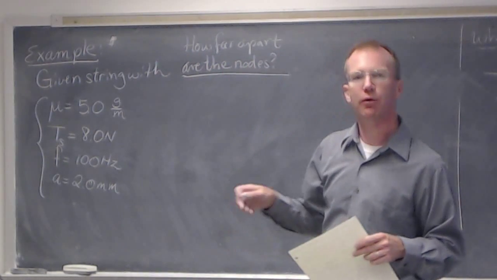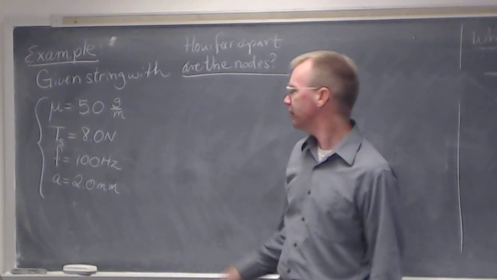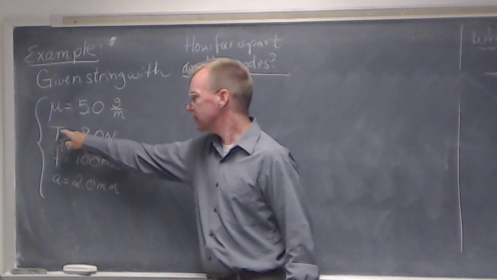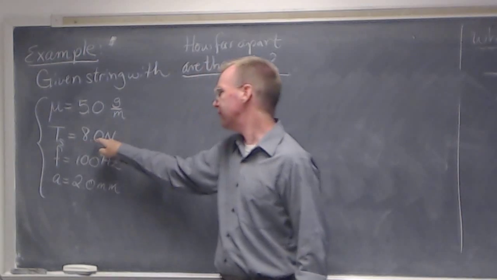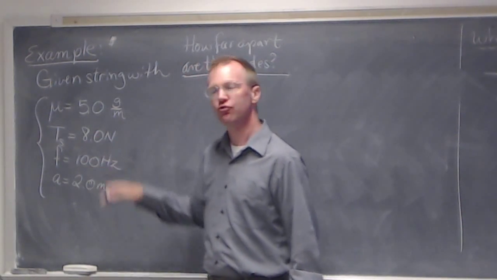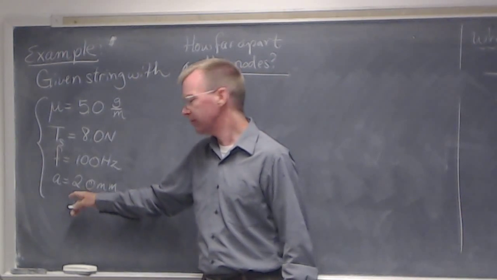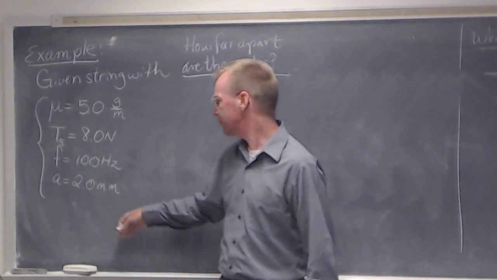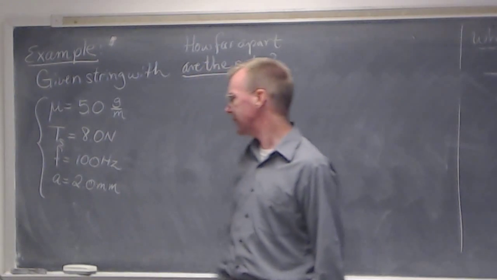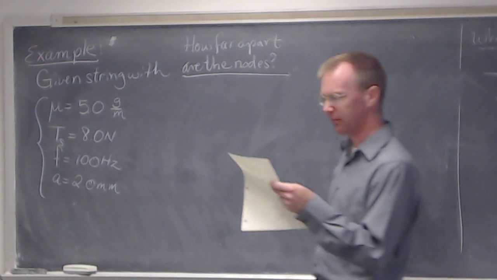All right, given a vibrating string with a density of 5 grams per meter, a string tension, T for tension, S for string, of 8 newtons, a frequency of vibration of 100 hertz, and an amplitude, still using lowercase a for now, because we're doing the standing waves, of 2.0 millimeters. How far apart are the nodes?